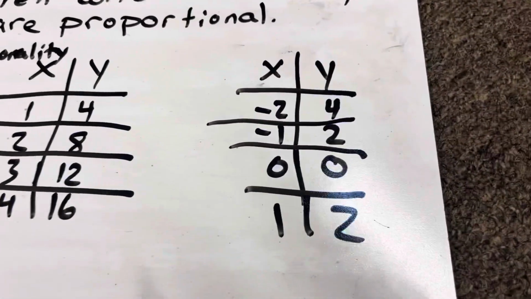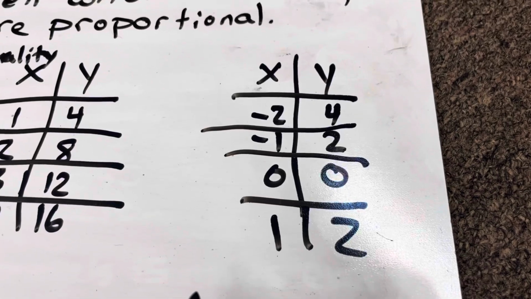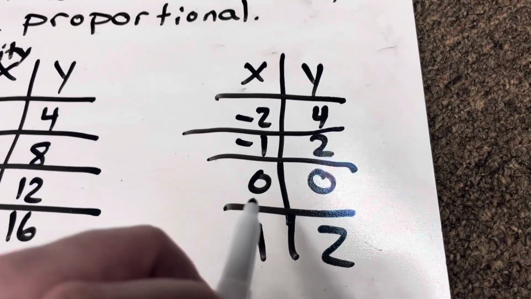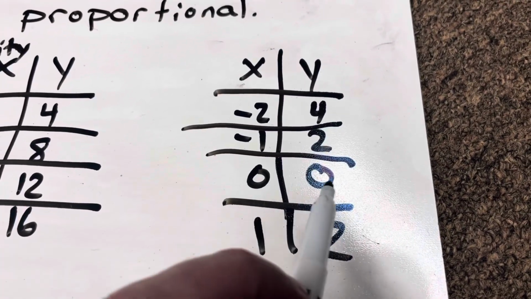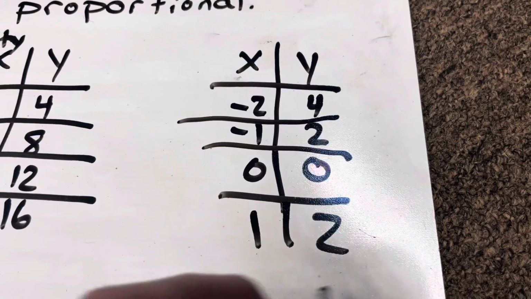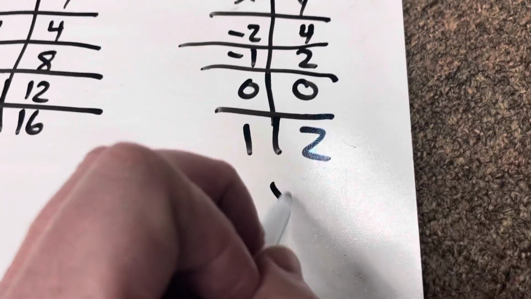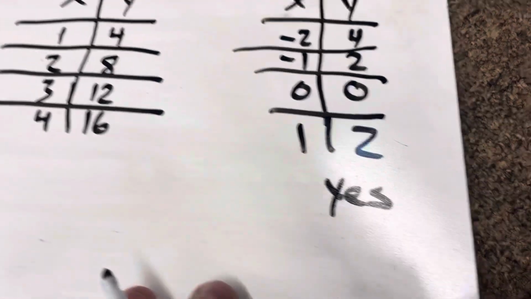This one here, I'm going to skip over, and then we're going to go back to the middle one. This one here is actually quite easy because it says when x is 0, y is 0. So it shows you, yes, it goes through the point of origin. Thus, this is a yes.